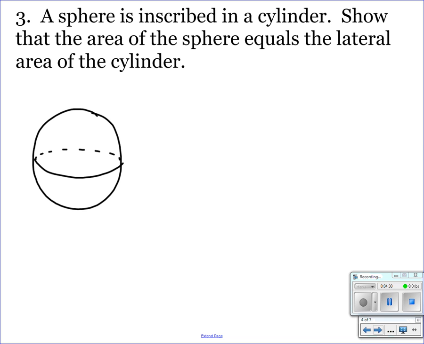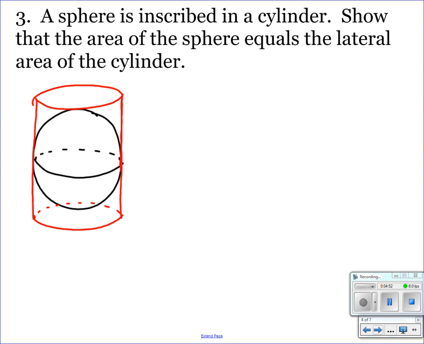Now our sphere is tangent all the way around. It doesn't look like it's tangent on the top and bottom, but it actually is.